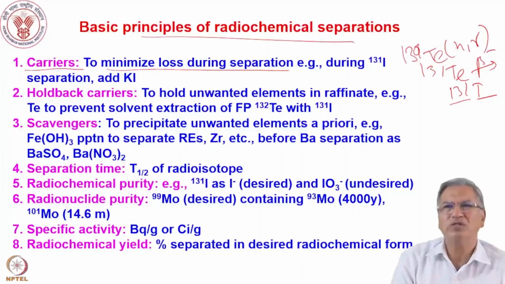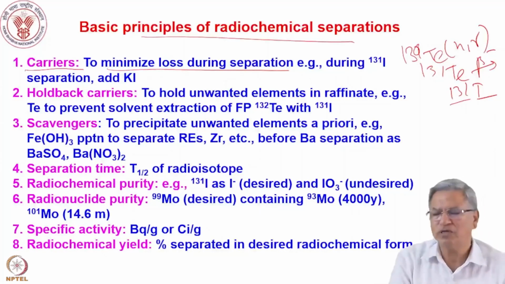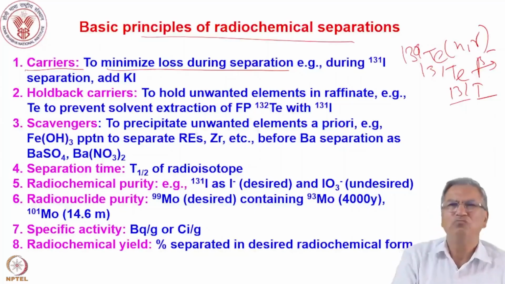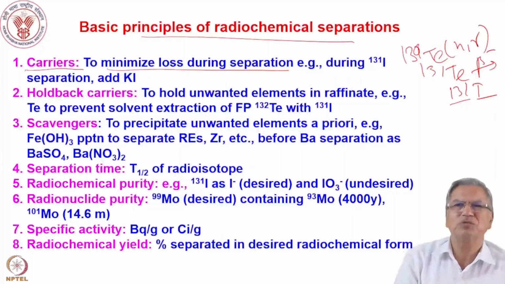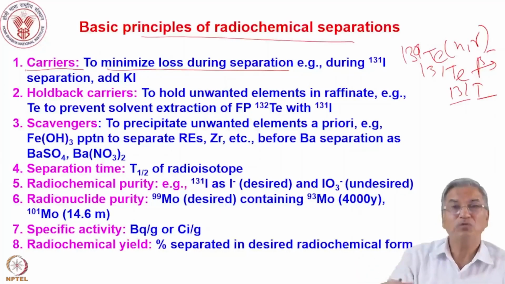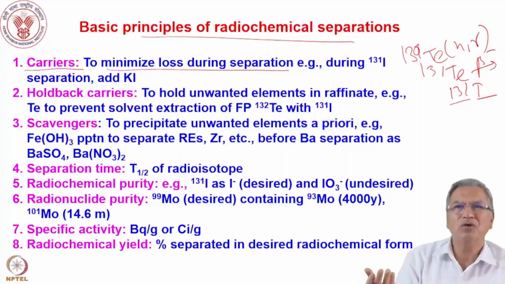That means only iodine 131 isotopes are there. So if you have a Curie of iodine 131, you may have about 10 to the 11 atoms of iodine 131. When you do separation in terms of the amount, 131 grams will contain the Avogadro number, so 10 to the 11 atoms will contain only a picogram of quantity.